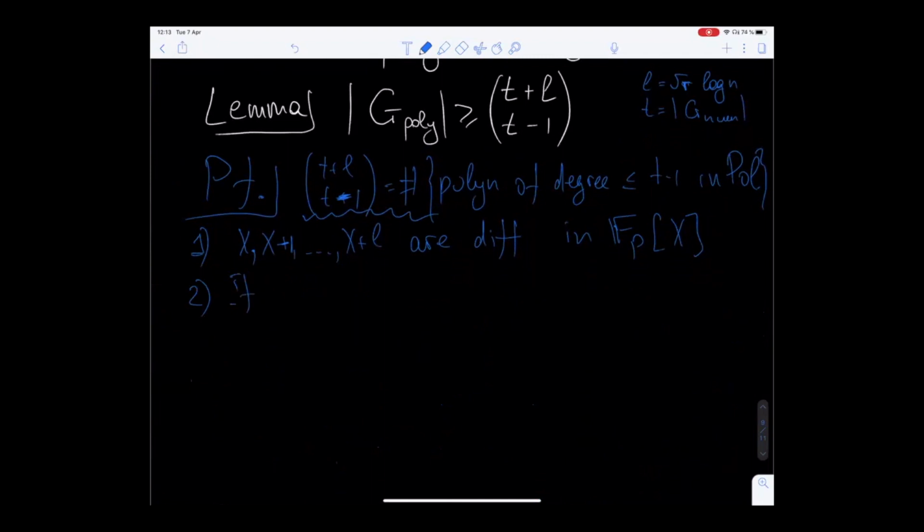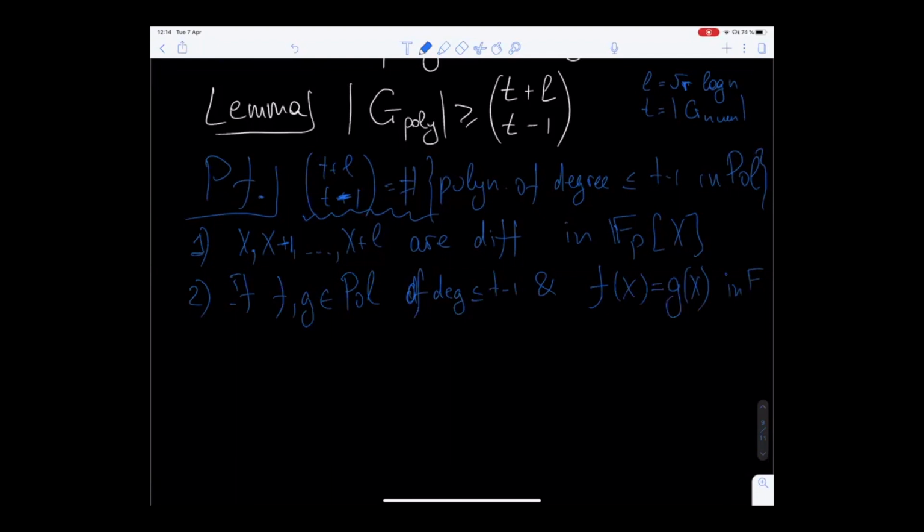So if f and g belonging to Pol are such that they have degree at most t minus 1 and f of x is equal to g of x in F.